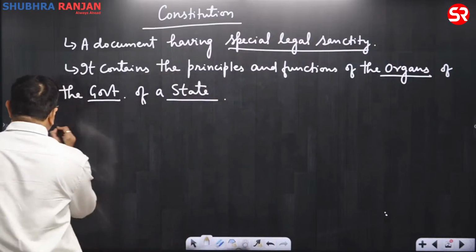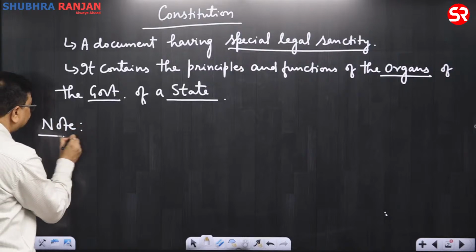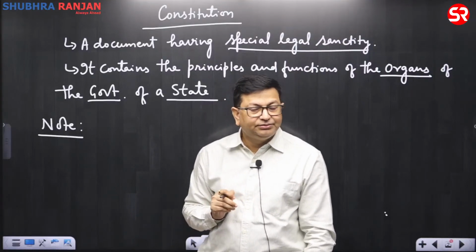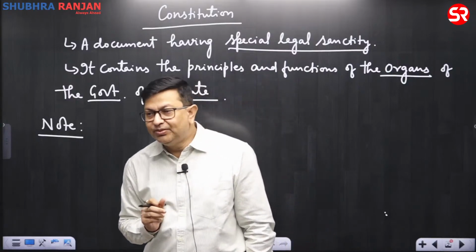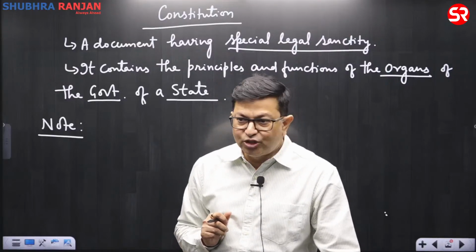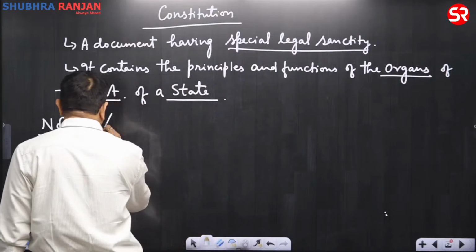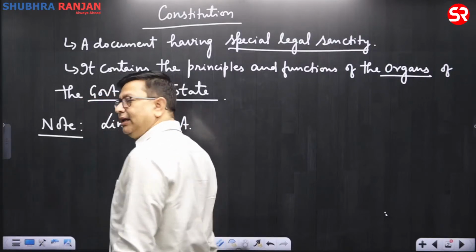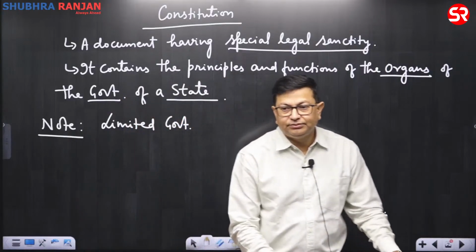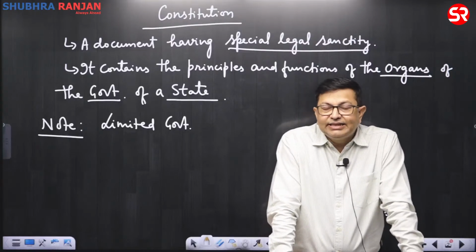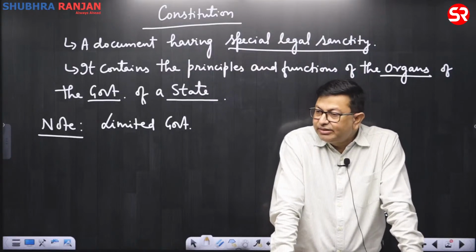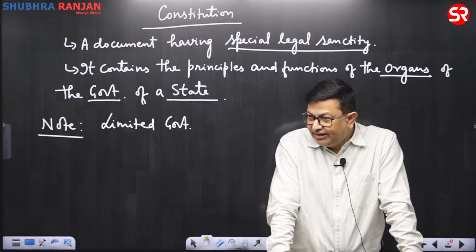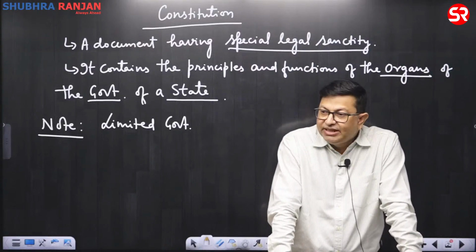Now, here you can write as a note: the objective of a constitution is to provide for a limited government, that is, the powers of the government are restricted by the provisions of the constitution.